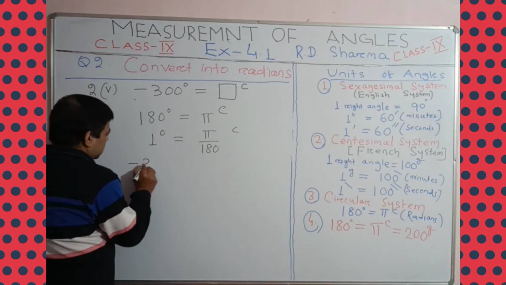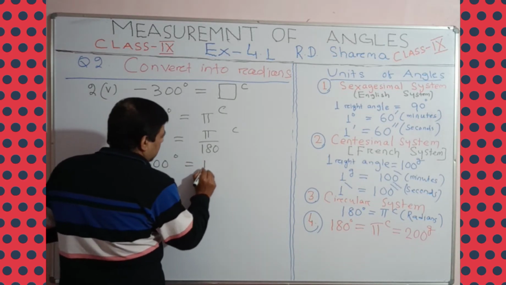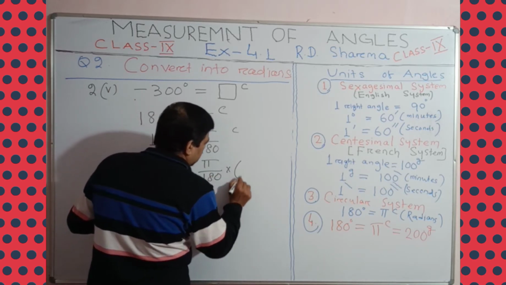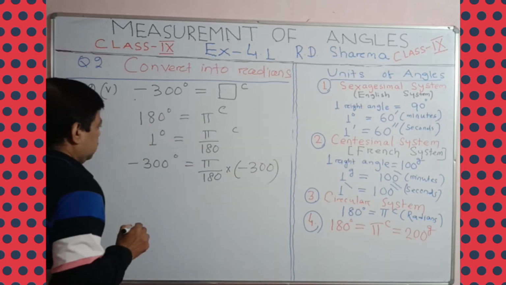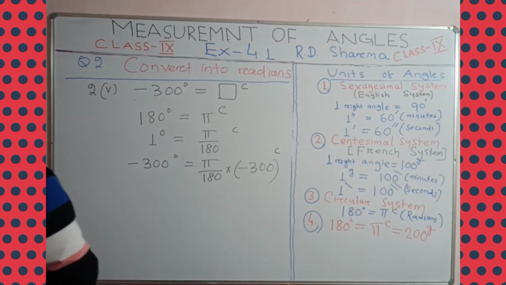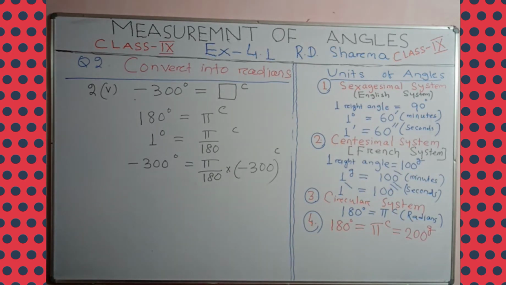So minus 300 degree is equal to pi upon 180 into minus 300 radian. Understand? So you cancel this one.